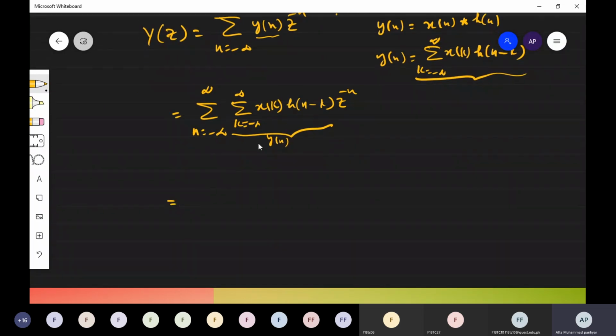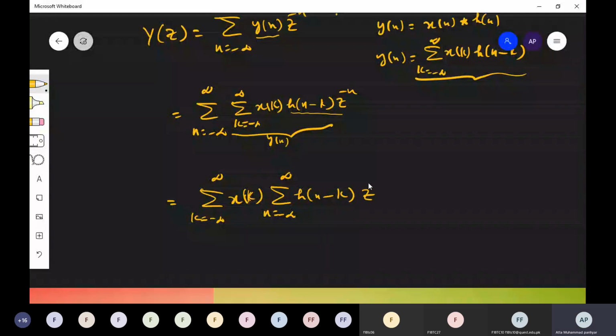Now this is our y of n equivalent expression. Solving it further, you can see that these are the terms which involve n sample, right? So we can rearrange the summation, and what we get is summation k from minus infinity to infinity x of k, summation n from minus infinity to infinity h of n minus k z power minus n, right? Now if you compare this with x of n minus n naught, what is the spectrum of x of n minus n naught?